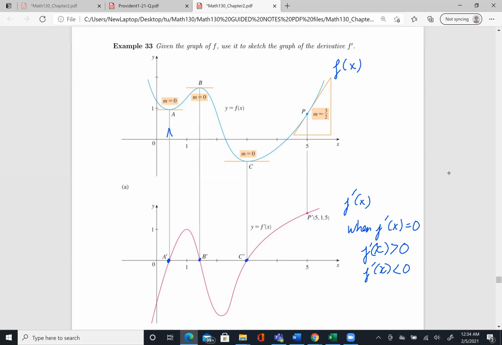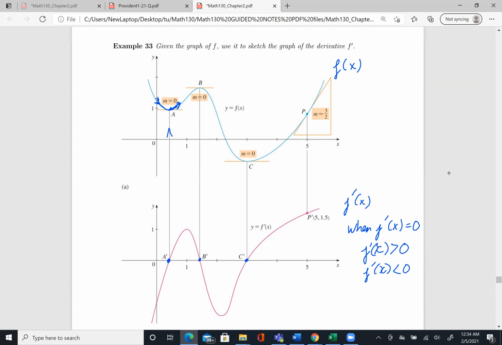It decreases until this point, stops here, and then goes up later, right?